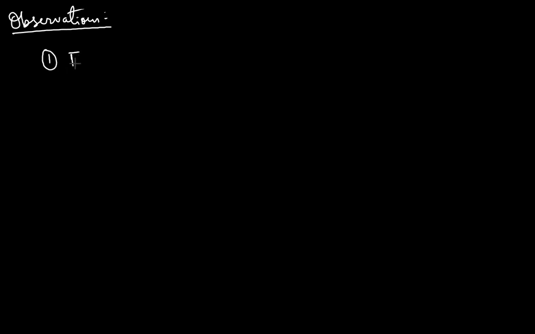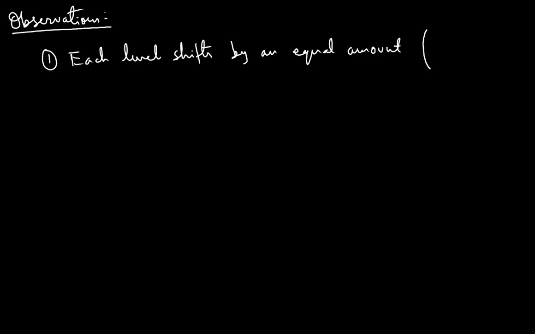Number 1, each level shifts by an equal amount. And what is the amount? The equal amount is V square divided by E2 minus E1. It shifts by an equal amount, but in opposite direction.